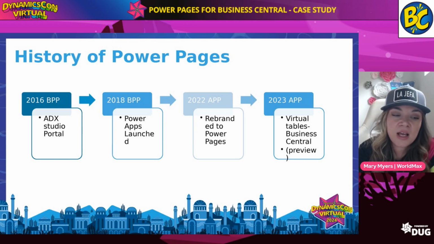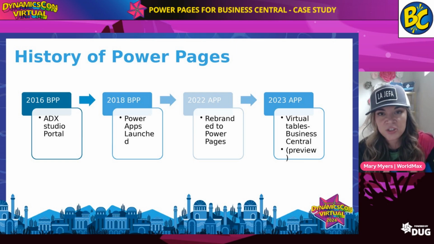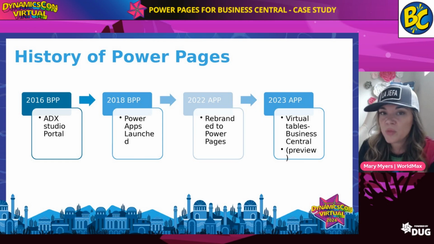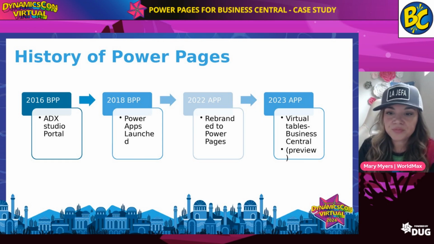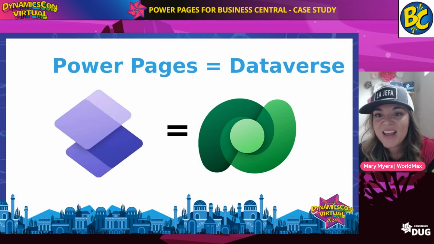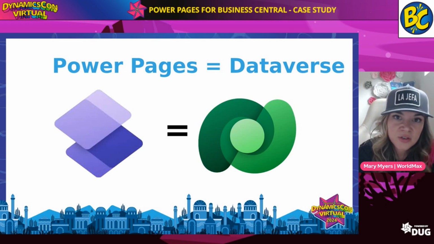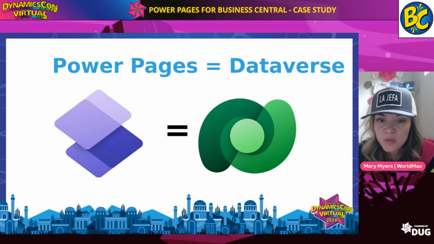And then last year in 2023, for our Business Central lovers, we finally got the ability to have virtual tables. So we could finally see the vision of being able to bring our Business Central data over into Power Pages. The reason that is so important is because Power Pages runs off of Dataverse. You can't put any other data source into Power Pages.